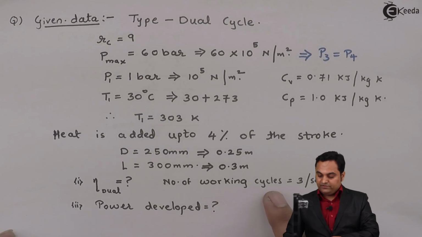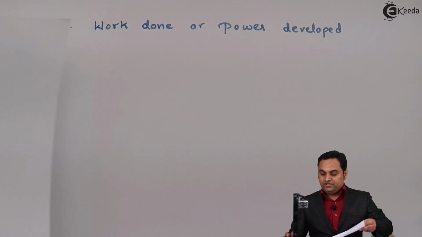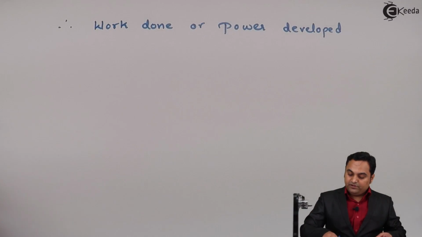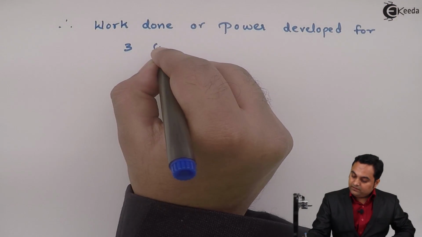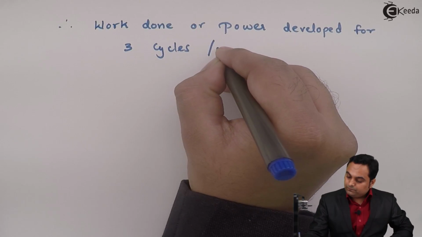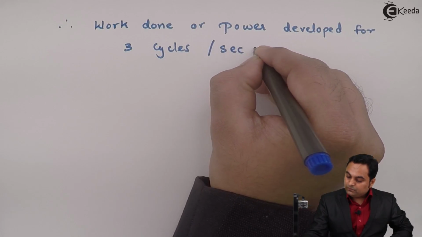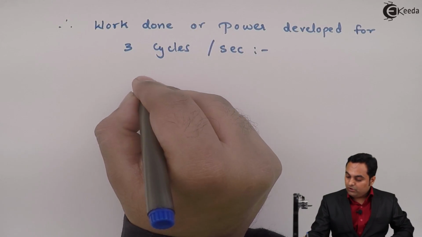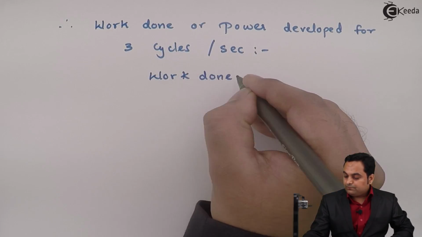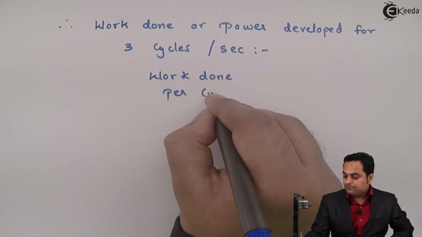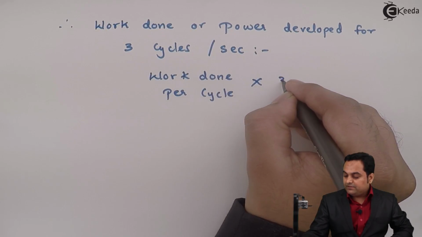Since the number of cycles is 3 per second, the work done or power developed for 3 cycles per second will be work done per cycle multiplied by 3.